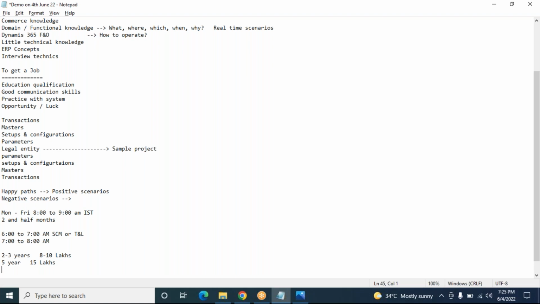Around 8 years experience, it is around 25 lakhs. I'm giving averages. Suppose one guy with 3 years experience is getting 25 lakhs, that is extreme, and I don't give extreme levels. On average, this is what people are getting as salaries.